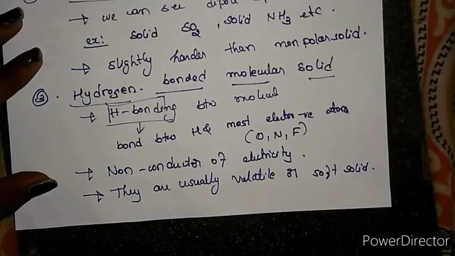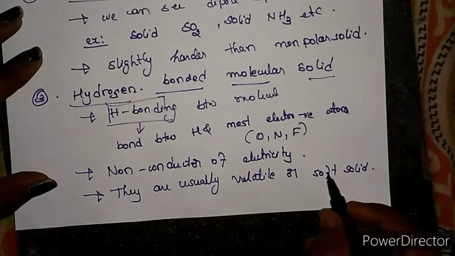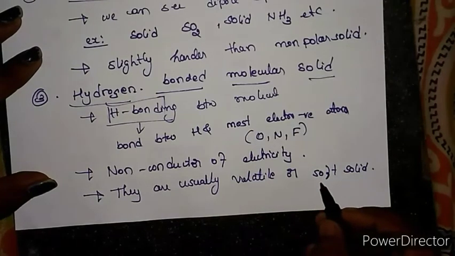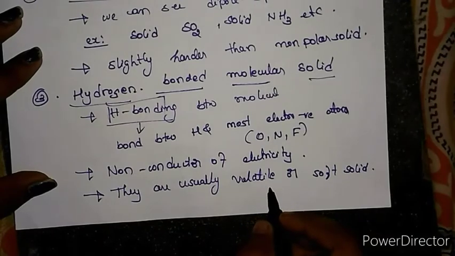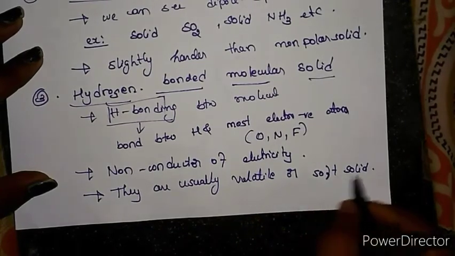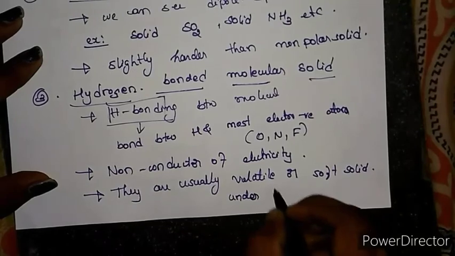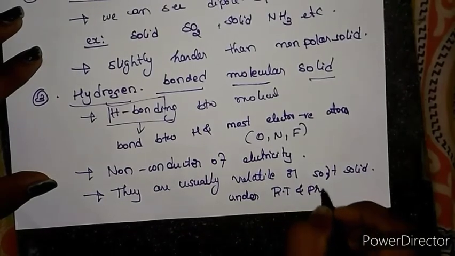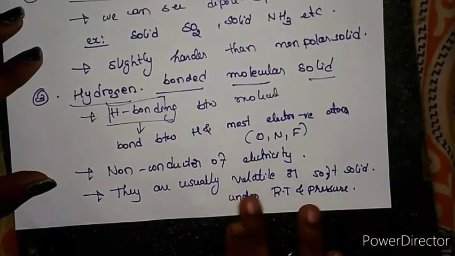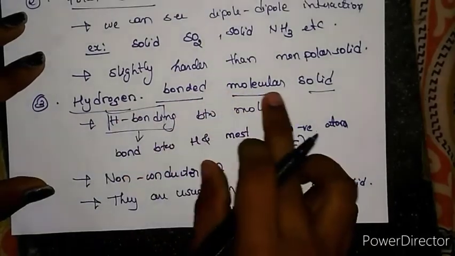Soft solid means they are hardly solid at room temperature. They will usually be present in the form of liquid. They are soft solids under room temperature and pressure. These are the properties of hydrogen bonded molecular solids.